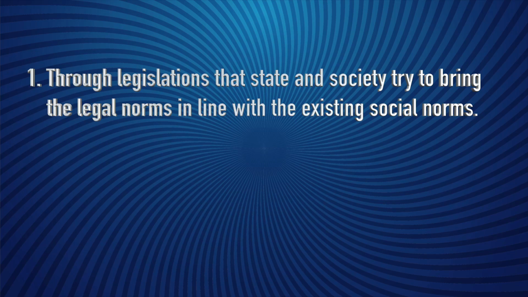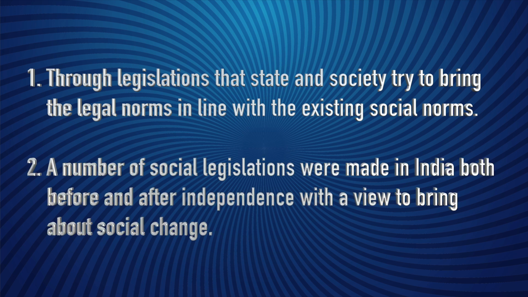Number one, through legislations the state and society try to bring the legal norms in line with the existing social norms. A number of social legislations were made in India both before and after independence with a view to bringing about social change.